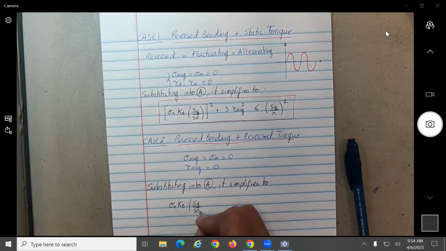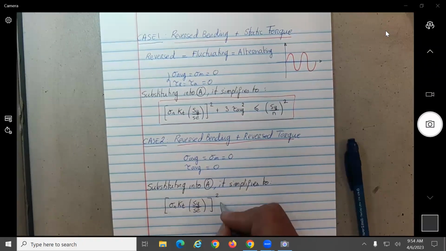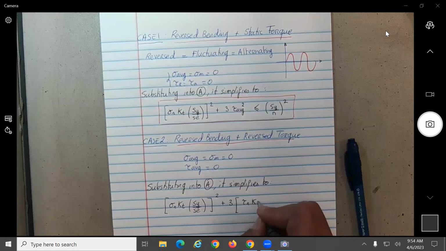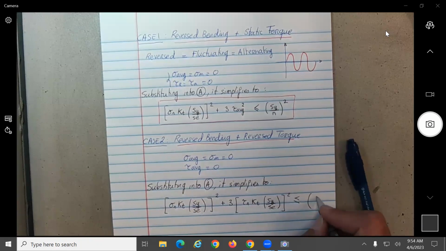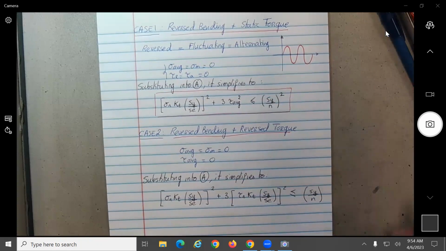S yield over S endurance. So the first term doesn't change. The only thing that changes is the second term. Plus 3 times tau sub r, k sub t, S yield over S endurance, everything squared, must be lower or equal to S yield. No, sigma r is the alternating or the reverse.